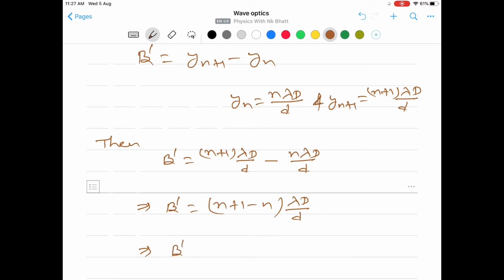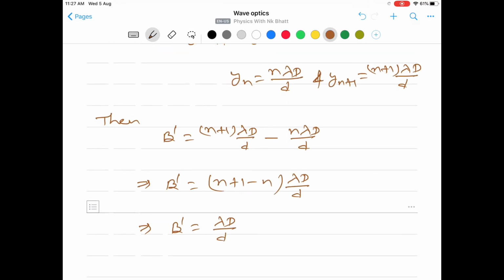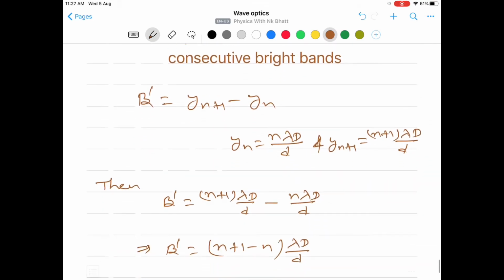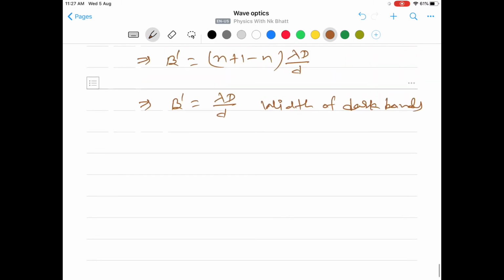It implies beta dash is equal to lambda D upon d. So this is the width of dark bands. All the dark bands are of width lambda D upon d. You can see this formula is similar to the width of bright bands also.